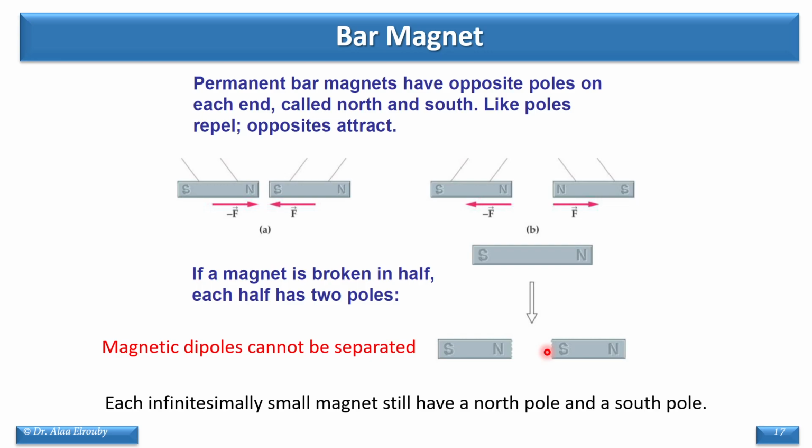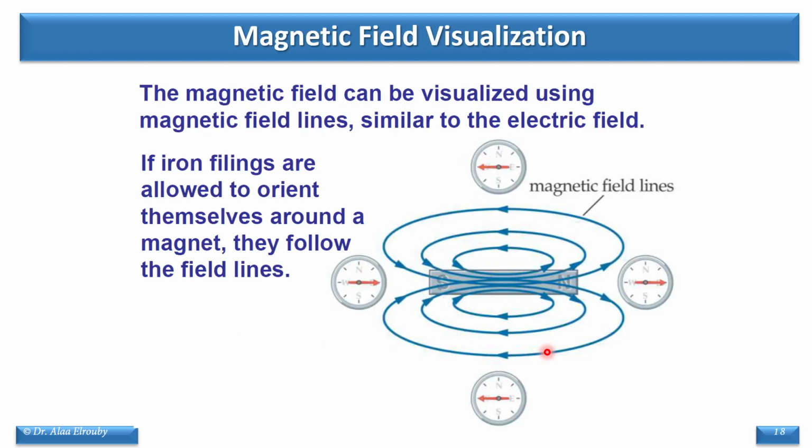No matter how small you make it, you will find a north pole and south pole, and this is just confirming what we're saying, that the magnetic source is coming in pairs, and the field will always be in closed loops. The field lines go out of the north pole and go in to the south pole.